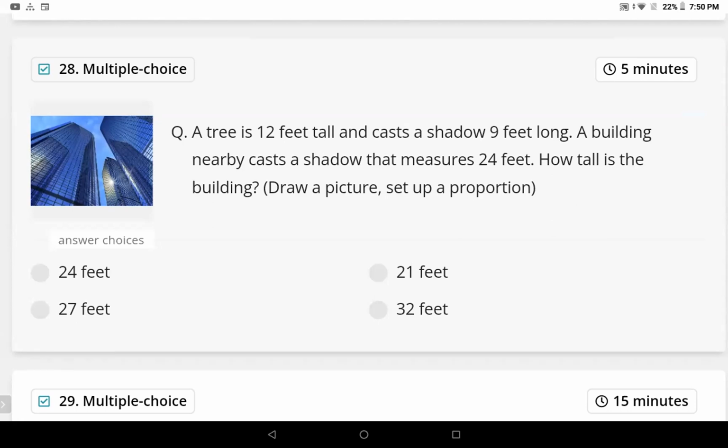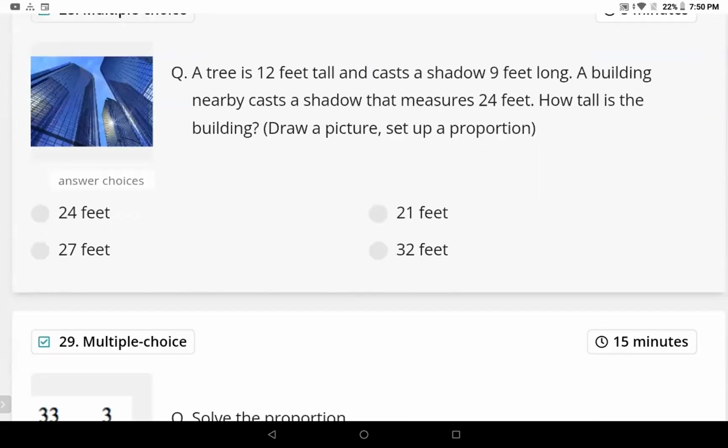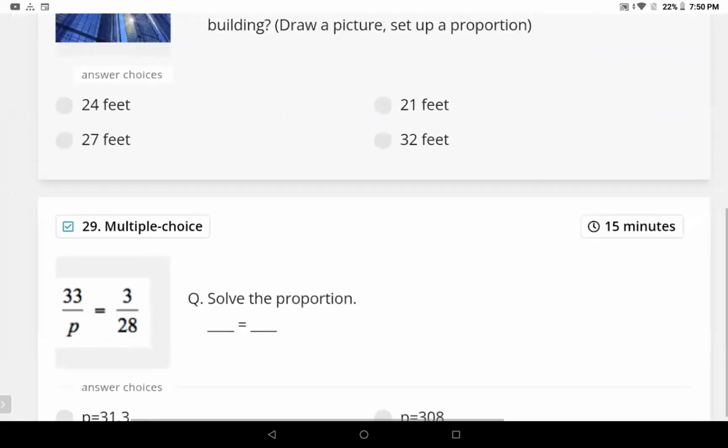Is it true, children? Yes. So now x equals 24 into 12 by 9. Very good. So you just multiply 12 into 24 by 9. Please simplify, children. 3 3s are 9, 3 4s are 12, so 32 feet. Correct. 32 feet is correct, children.